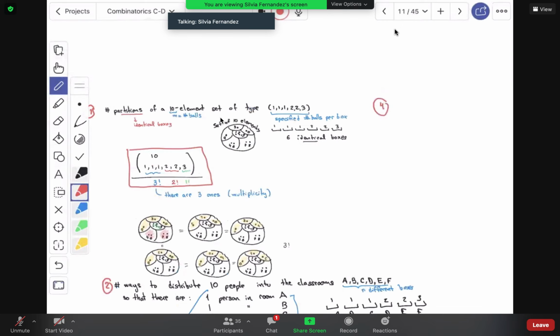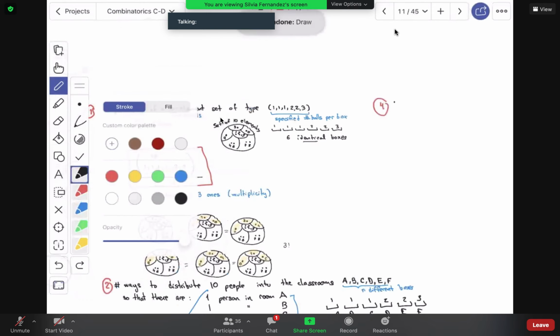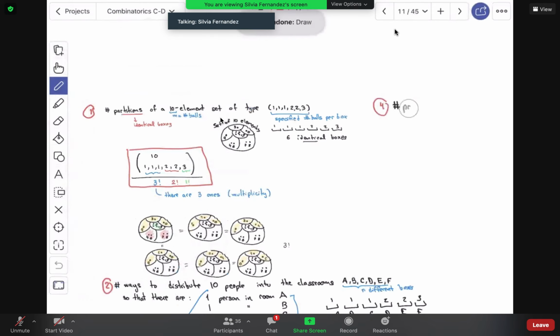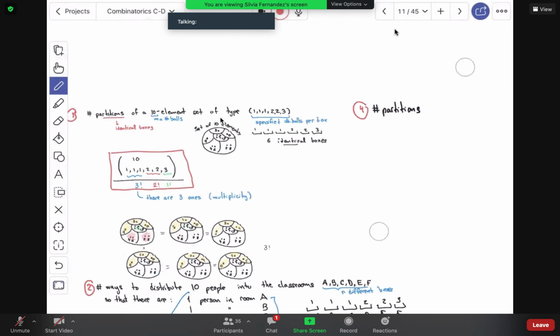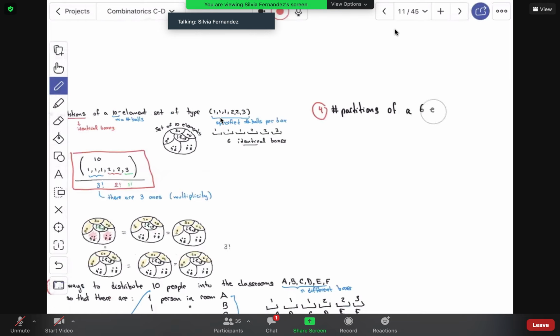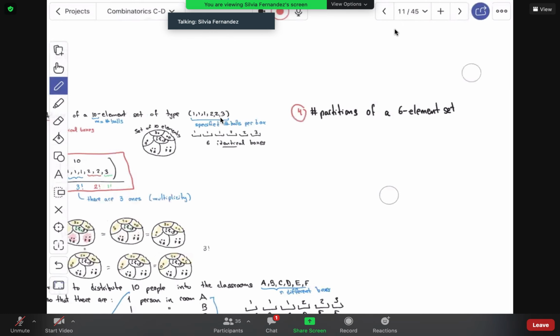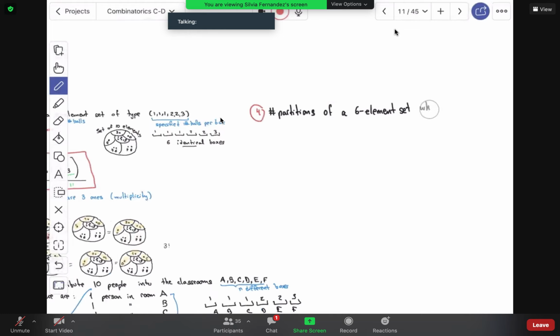Number of partitions of a 6-element set into exactly 3 parts, all with different numbers of elements.